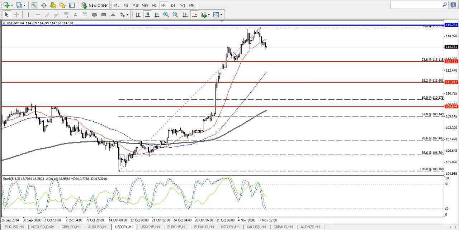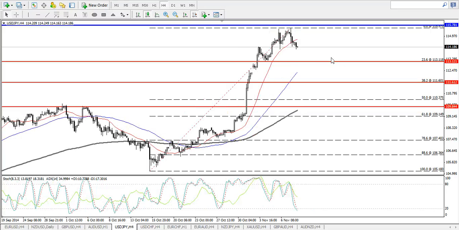What you're seeing here is that I have plotted a Fibonacci retracement. First we'll be looking at the first support level at 113.11, retracement level 23.6%, and definitely followed by the retracement level 38.2% at the price of 111.60.